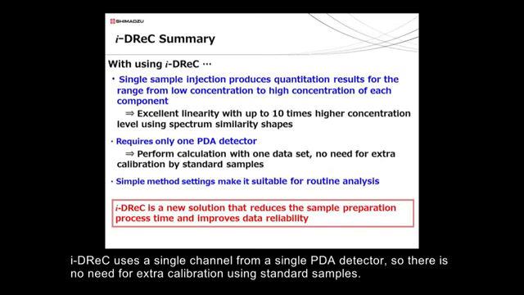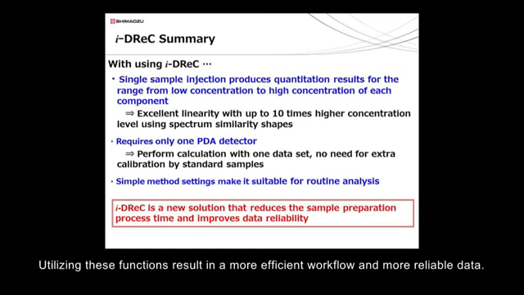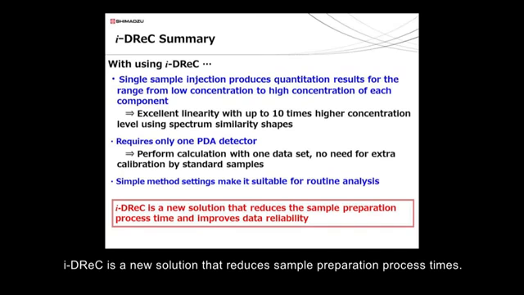DReC uses a single channel from a single PDA detector, so there's no need for extra calibration using standard samples. It is also suitable for routine analysis because of its simple method setting. Utilizing these functions results in a more efficient workflow and more reliable data. DReC is a new solution that reduces sample preparation process times.